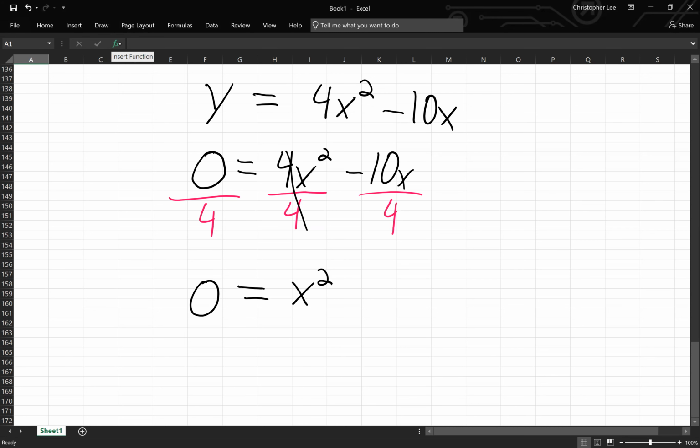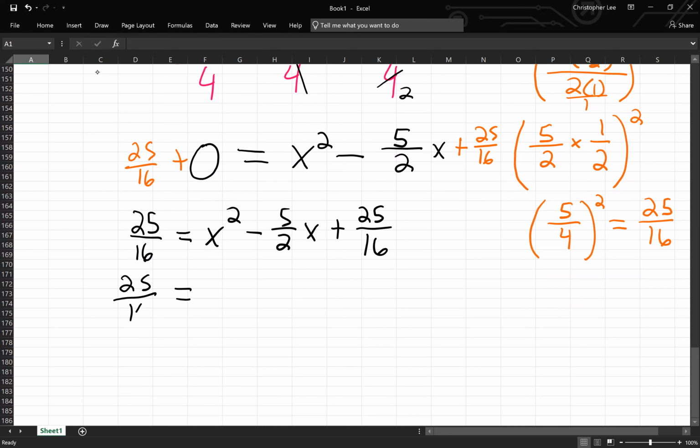Now that I have that, I want to factor that perfect square trinomial, right? And I know that the factor, 25 over 16, is going to be something squared. So help me out. What is it going to be? The first one is going to be x. Nice. And then it's going to be plus or minus.